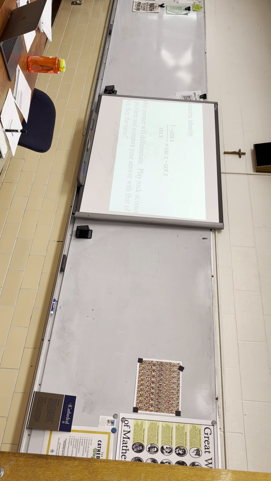Alright, so let's do the left side here. The left side takes a little longer, right? What we're doing here is d over dx of all this stuff in the brackets equals d over dx of all this stuff in brackets. So we're taking the derivative of both sides. That first side, I'm going to use the quotient rule, okay? What's my f of x? 1 minus cosine x. What's my g of x? Sine of x.